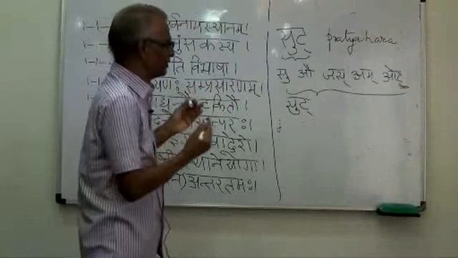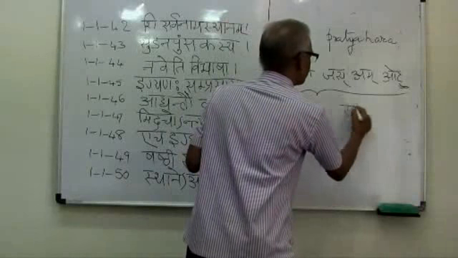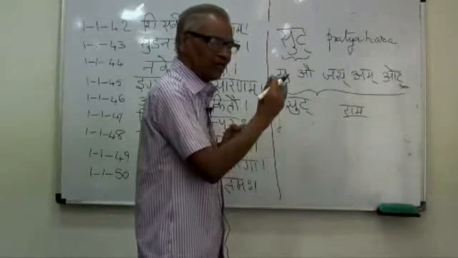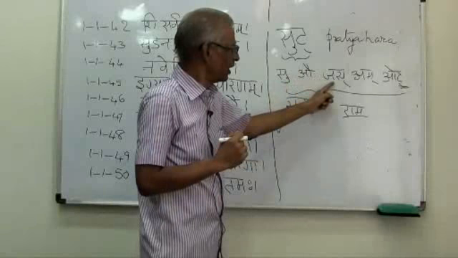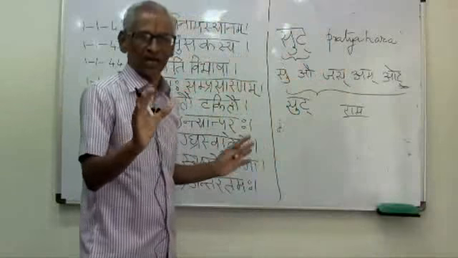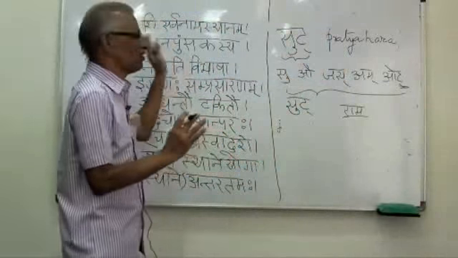For example, we will take Rama Shabda just as an illustration. Akaranta Pullinga Rama Shabda. What are the Sarvanama Sthanani here? Ramaha, Ramau, Ramaha, Ramam, Ramau. Those 5 sthanas, the 5 places, 5 vibhakti places are called Sarvanama Sthana.